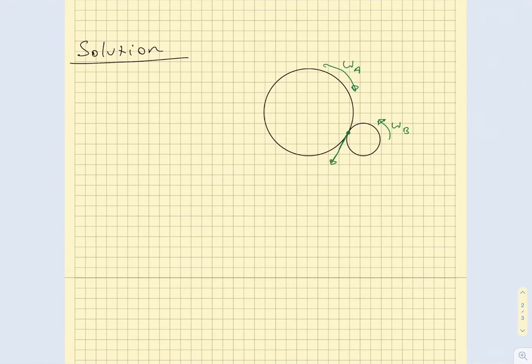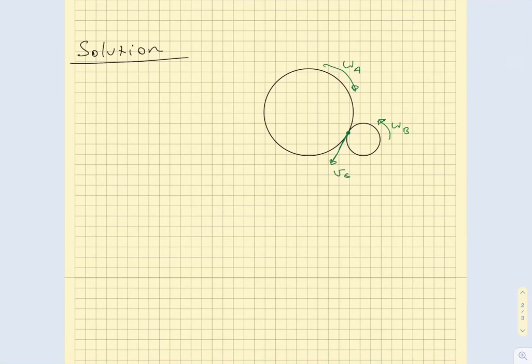Since these are kind of keyed together, since they're gears and we're assuming no slipping, the big gear should be moving at a different angular velocity. Let's call that omega b, and this would be omega a. And this is general for any case here.